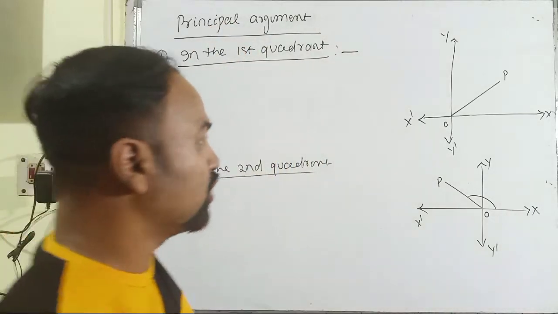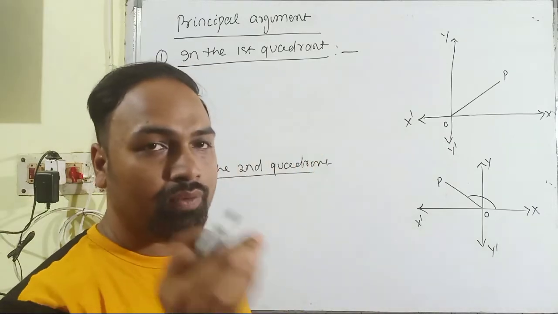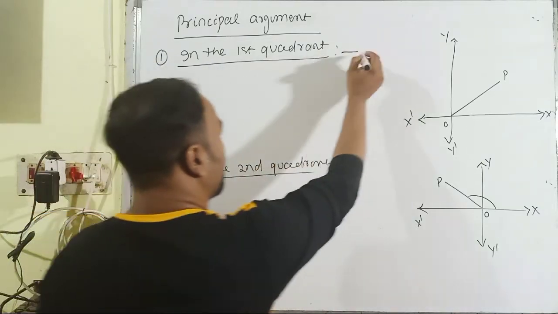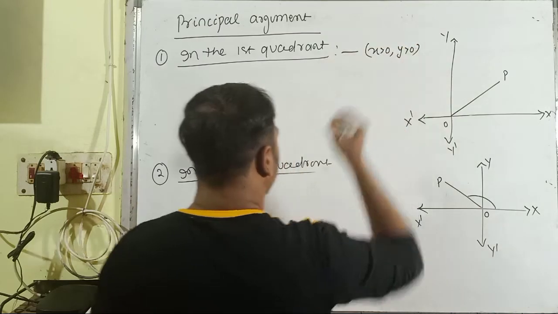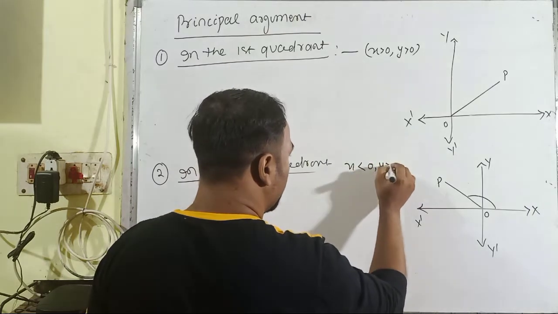To find out the principal argument of a complex number, first of all we have to represent the given complex number in the respective quadrant. In the first quadrant, x must be greater than 0, y must be greater than 0. In the second quadrant, x is less than 0, y is greater than 0.